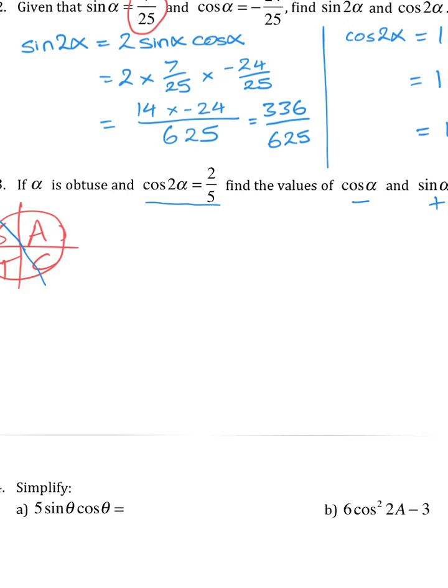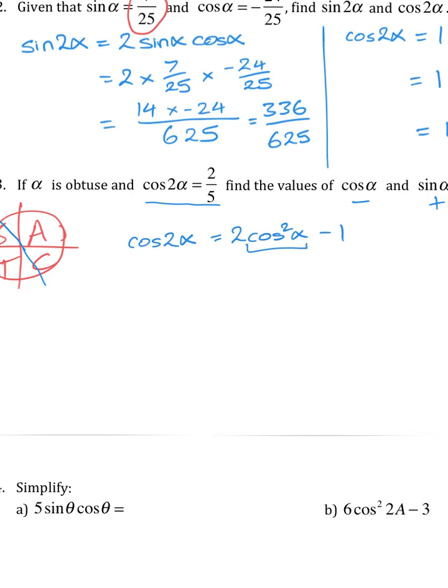So what we could do is use, let's first use the cos 2 alpha formula, but just in terms of one of cos alpha or sine alpha. So for the cos alpha one, that's 2 cos squared alpha minus 1. Because we know what cos 2 alpha is, that'll be easy to solve for cos alpha because there's only one unknown.